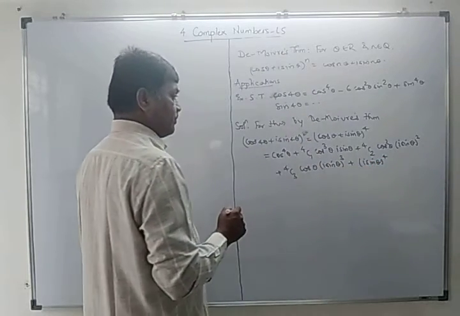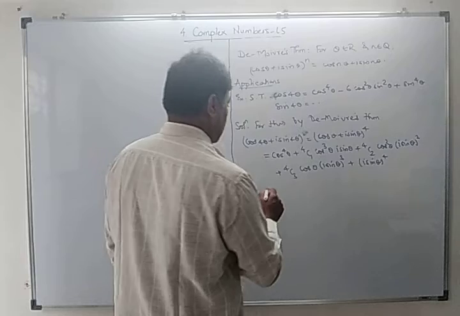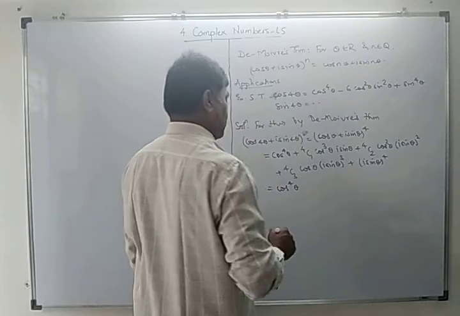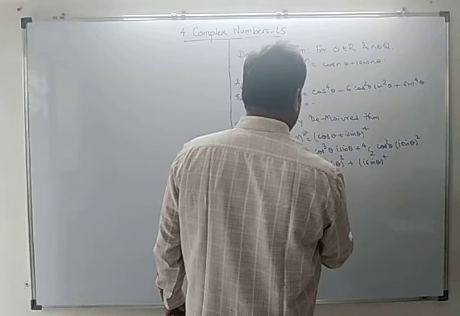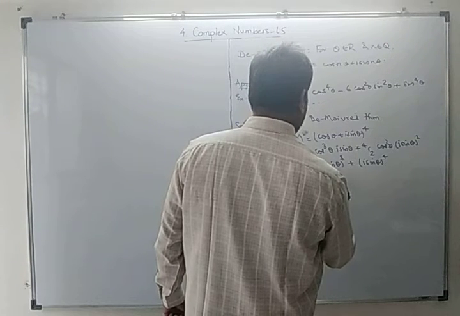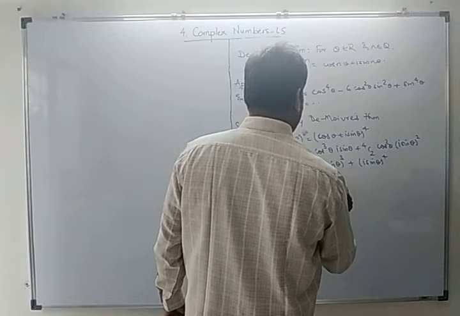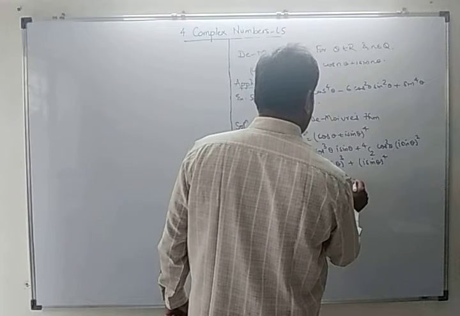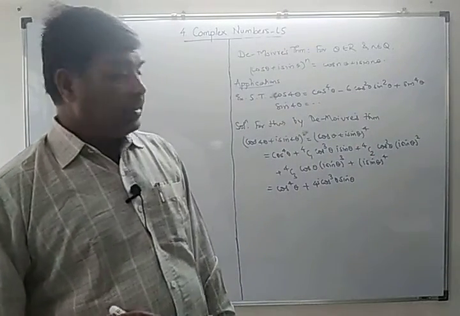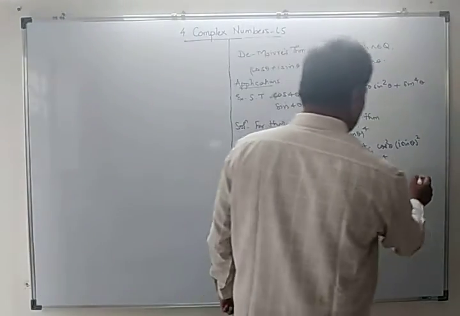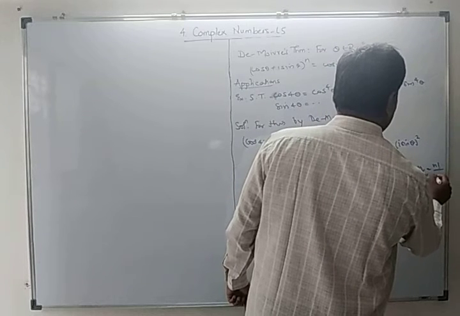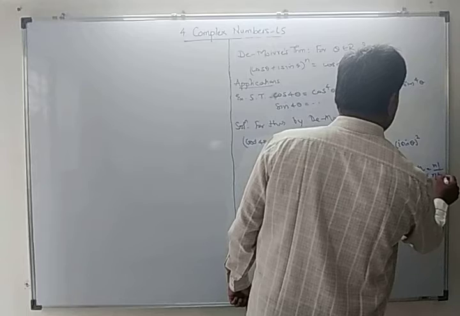We will get this, which is equal to cos raised to 4 theta, then this will become 4i cos cube theta sin theta. If you simplify 4C2, nCr is n factorial upon r factorial into (n minus r) factorial.